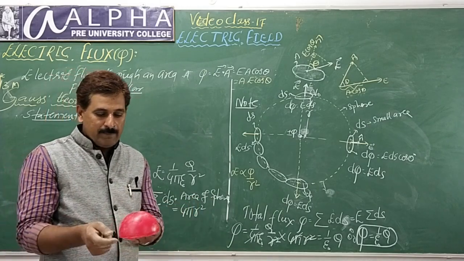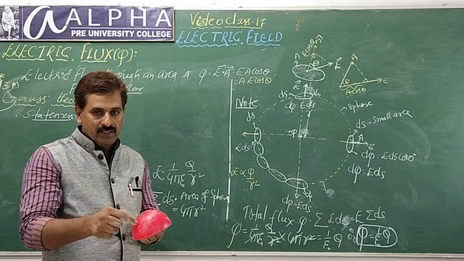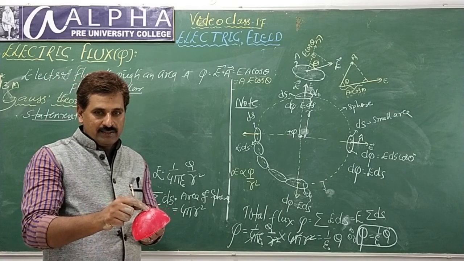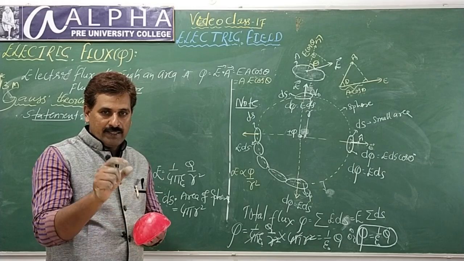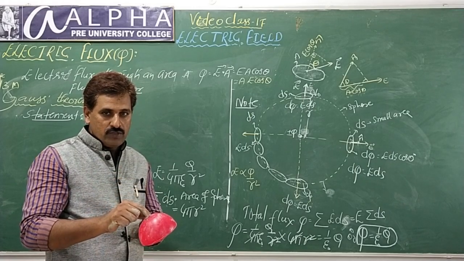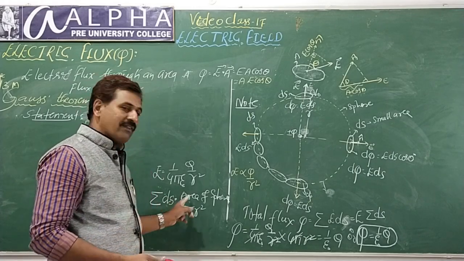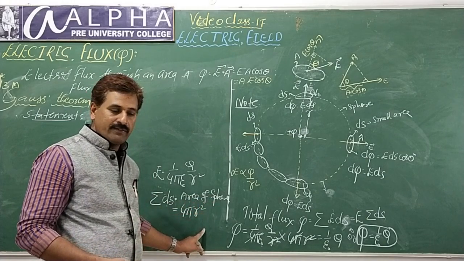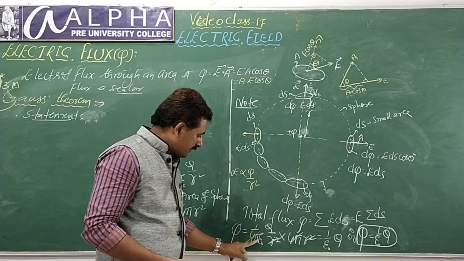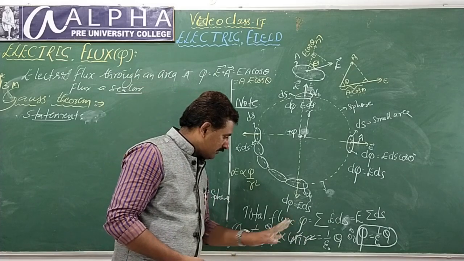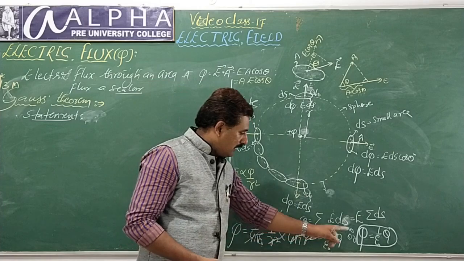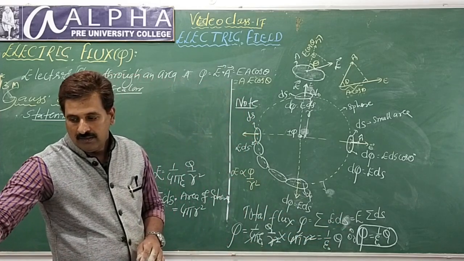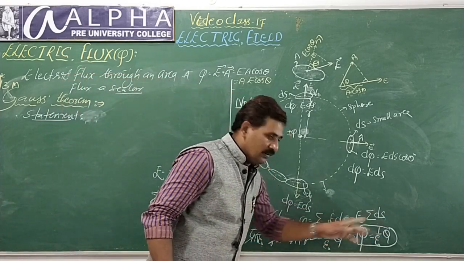You go on adding the areas of the patches. If you cut these patches separately, then start joining, stitching all, like patches on a football, right? If you join all the patches, what do you get? Total surface area of the sphere, which is 4 pi r square. So 1 over 4 pi epsilon 0 q by r square into 4 pi r square is 1 by epsilon naught into q. What is that? The flux. What is flux? 1 by epsilon naught into q.